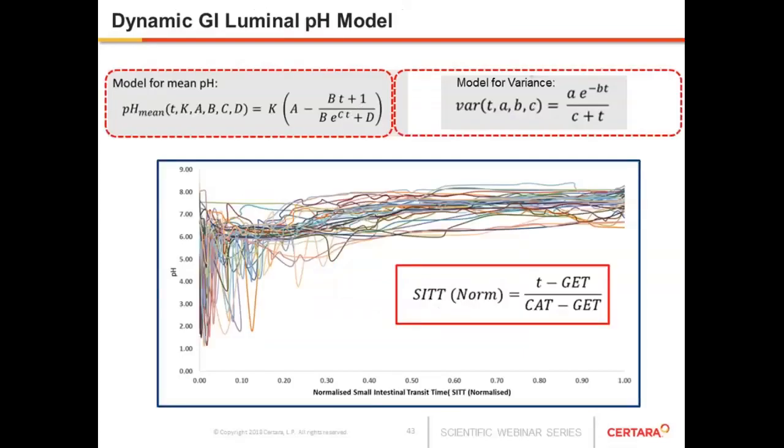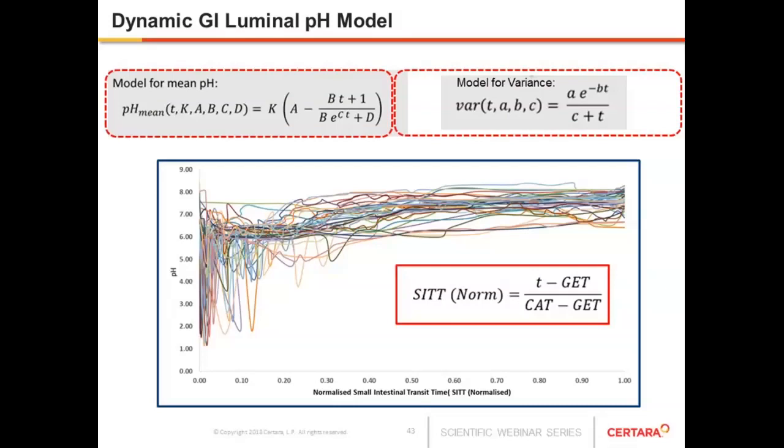The other important aspect is a dynamic pH model. Current radio telemetric capsule data shows that the pH in the intestine is highly variable in the proximal part of the intestine, which is basically the duodenal bulb and the mid-duodenum, compared to the distal part of the intestine, where the pH variation is quite compact and restricted to a narrow range. In addition, the pH consistently increases from the proximal part of the intestine all the way to the distal part.